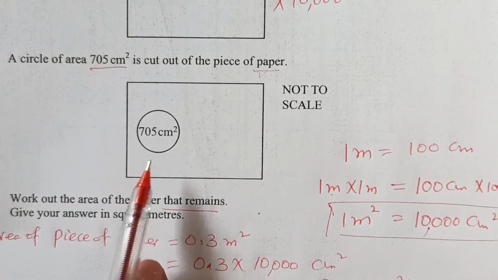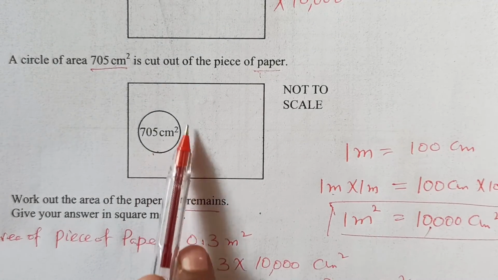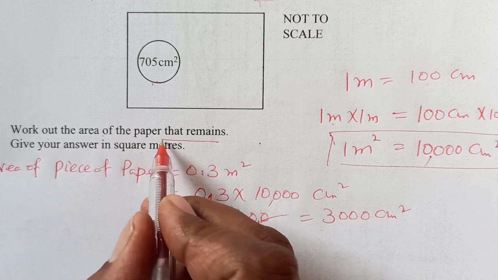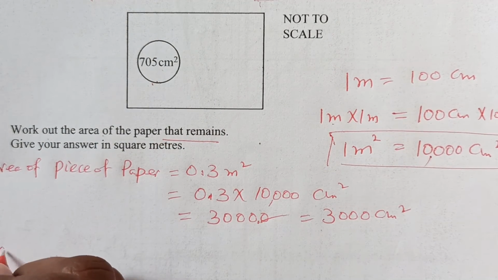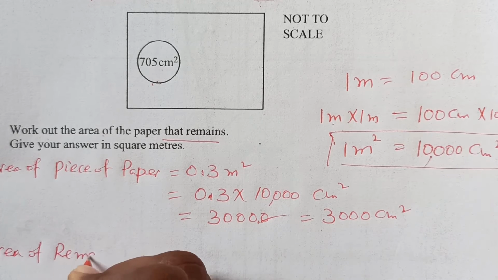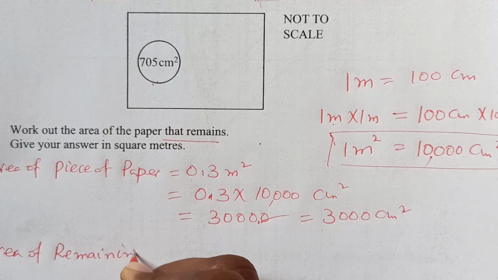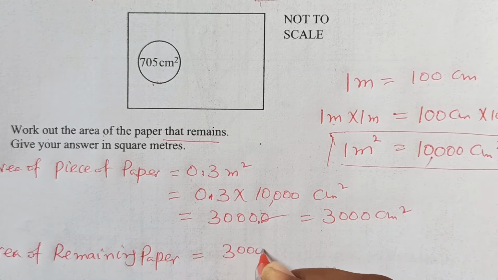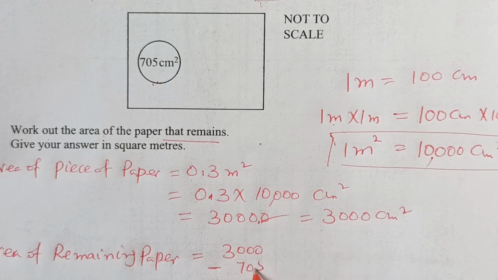And the area of the circle is 705 centimeter square. So work out the area of the paper that remains. We will write here area of the remaining paper. The remaining paper is 3000 minus 705.